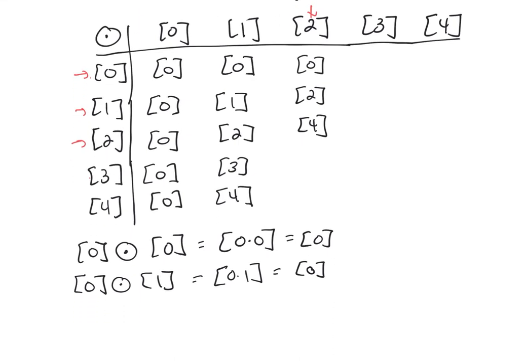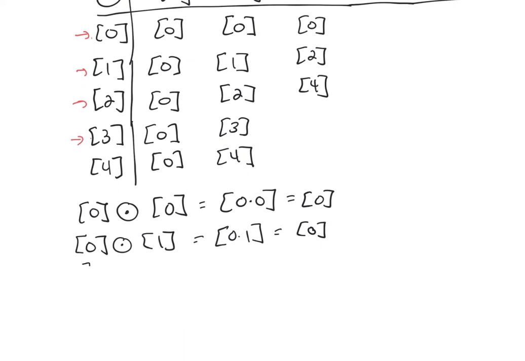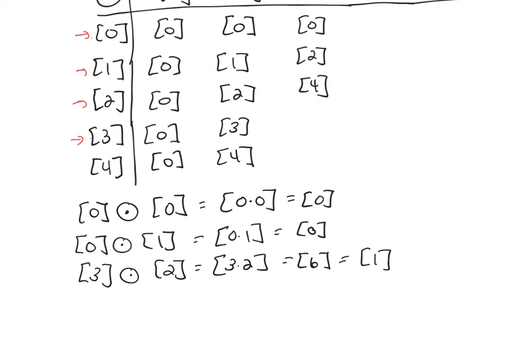So it would be 3 times 2, that would be 6. But again, you need to reduce that down. So what's the remainder of 6 when I divide by 5? It would be 1. So that's what goes here.